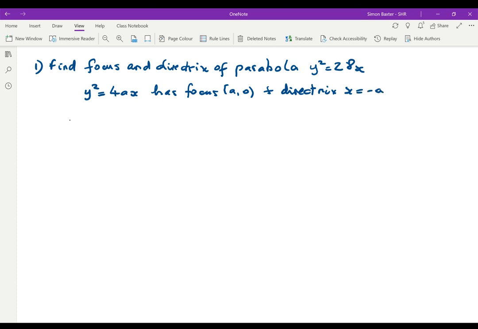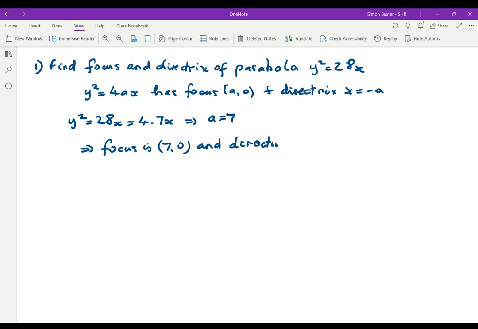So if we write y squared equals 28x as 4 times 7x, we get that a is 7, and therefore the focus is (7, 0), and the directrix is x equals minus 7.